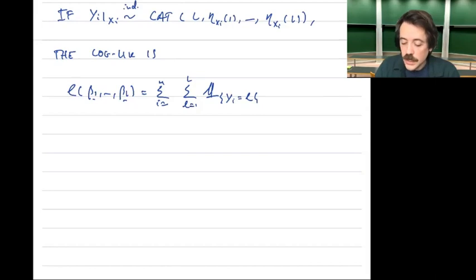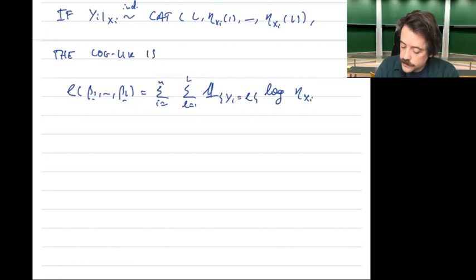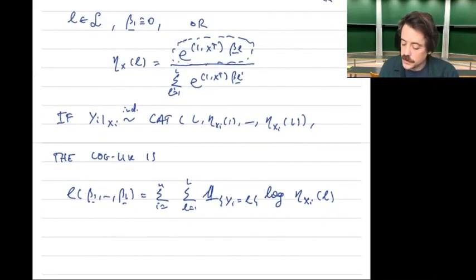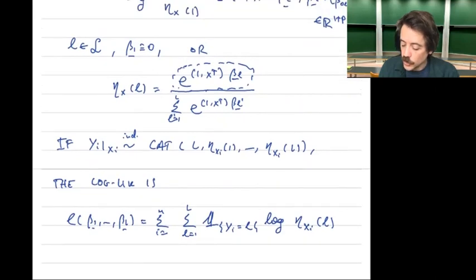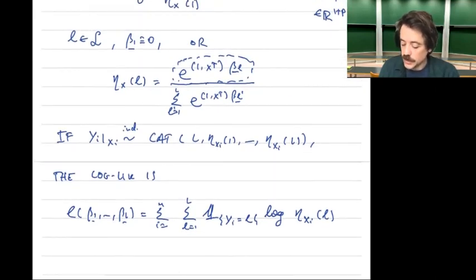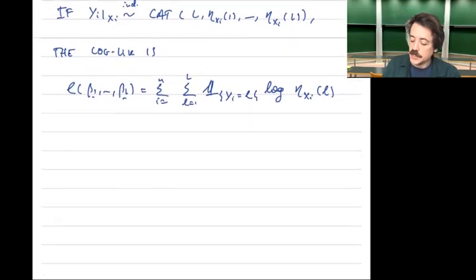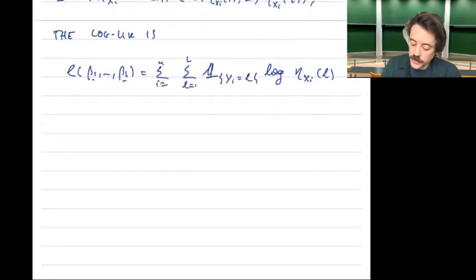And then here we have the log of our etas. Okay, so we've now set up the problem. We now have a model and a log likelihood, so we can fit it, and we can find MLEs, and then we can say something about the estimator.